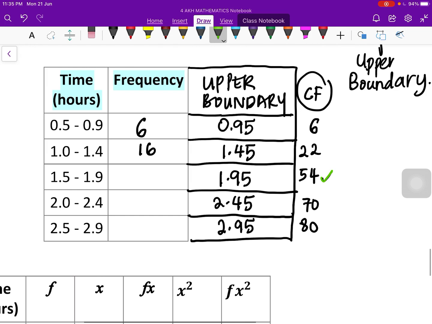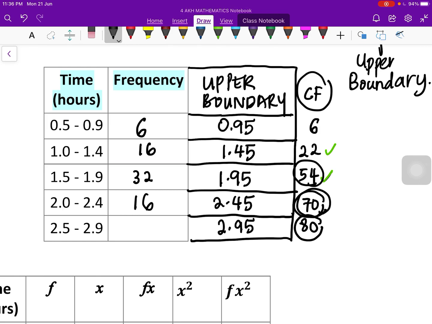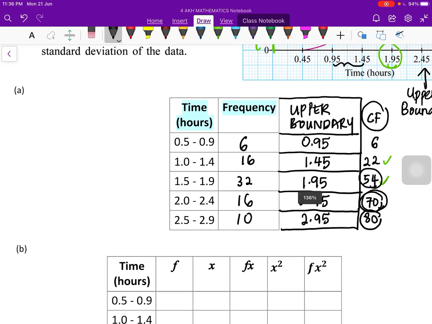So dia akan tolak yang ke atas. So 54 minus 22, you will get 32. And then yang kelas keempat is 70 minus 54, which is 16. And then lastly, 80 akan minus dengan 70. It's going to give you 10. So that is my frequency.